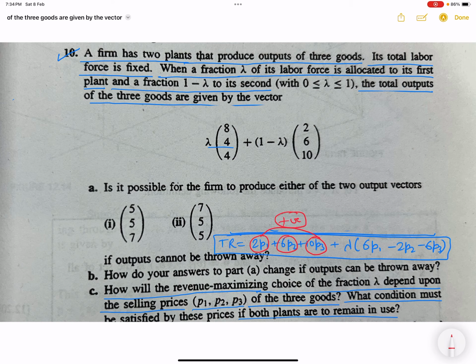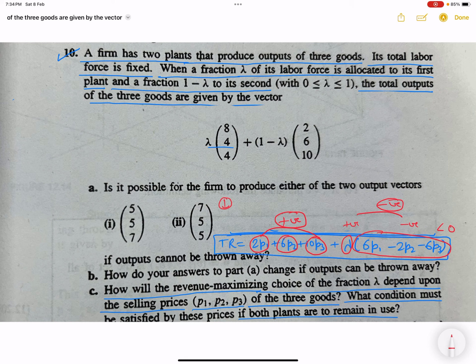Now, if the price relation is such that this term is coming out to be less than 0, then if you give any positive value to lambda, your total revenue would fall, because if lambda is positive and this term is negative, this whole term would be negative, and this would lead to a reduction in total revenue.